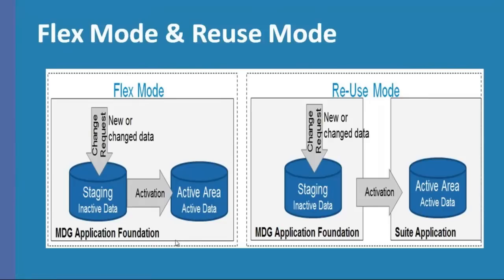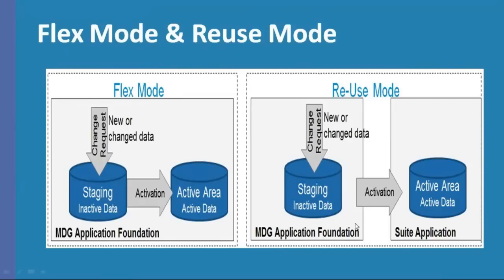Now coming to reuse mode, what is happening is that the change request, whether it is new or updated information, the data will go to the staging table after submitting the change request, and it will obviously be part of the MDG application foundation.